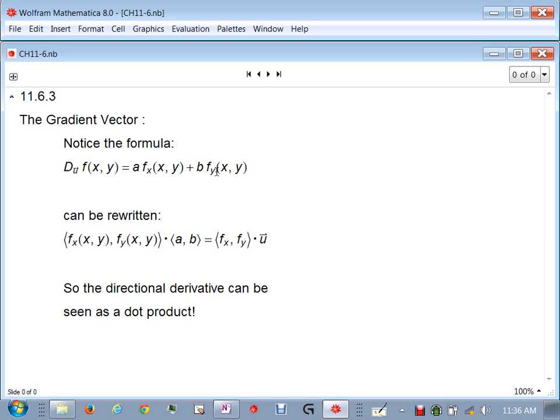And if I do that, this partial with respect to x times a would be this first part. This partial with respect to y times b would be the second part. So we could, if we wanted to, rewrite the directional derivative as a dot product. Yes? That's very important for where we're headed. So that's just notation.